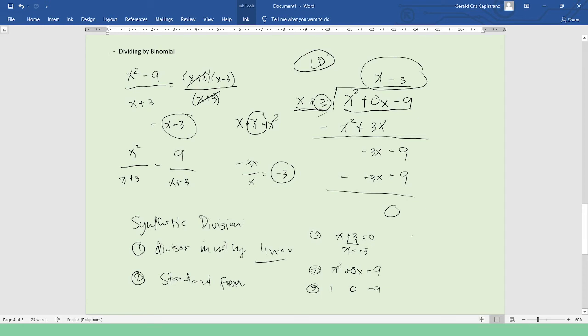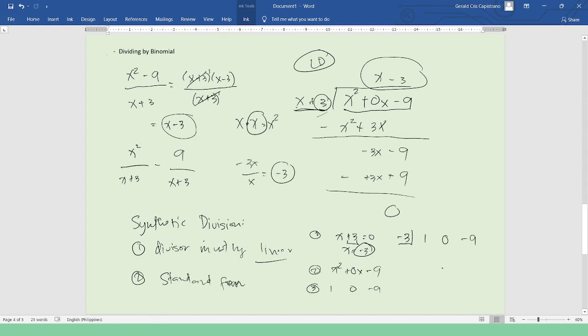Okay? Pwede natin dyan gawin, gawa ka lang ng parang angle dito, ganyan, na perpendicular. Tapos, isulat mo lang yung nakuha mo dito. So, we have there -3. Then, i-write mo lang yung iyong coefficient. So, we have there 1, 0, -9.